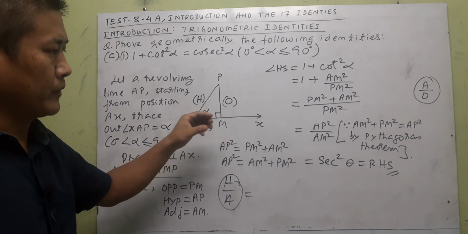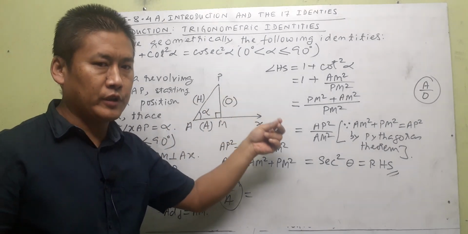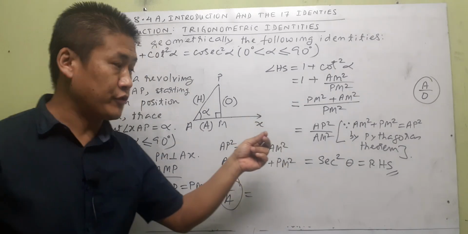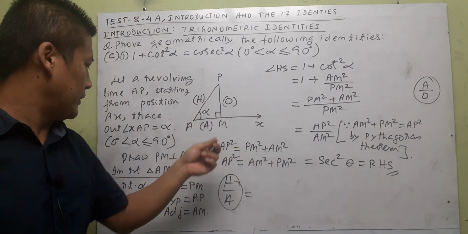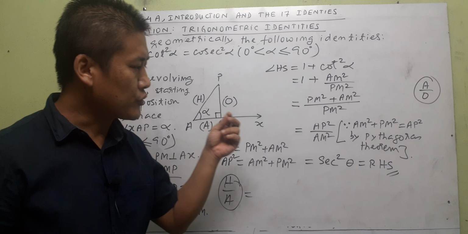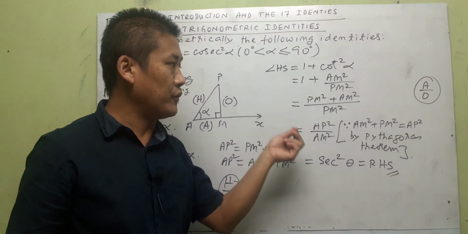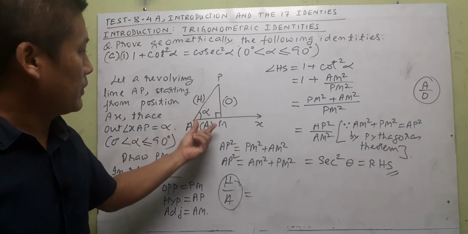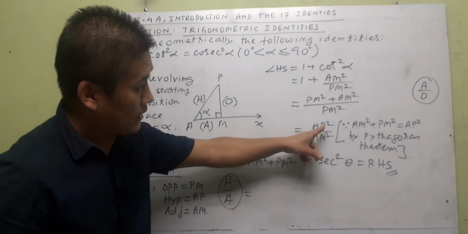That's Pythagoras theorem, which says that the square on the hypotenuse of a right triangle, so Pythagoras theorem is applicable only for right triangles, the square on the hypotenuse is equal to the sum of the squares on the other two sides. So this is PM square plus AM square, which is equal to AP square again.